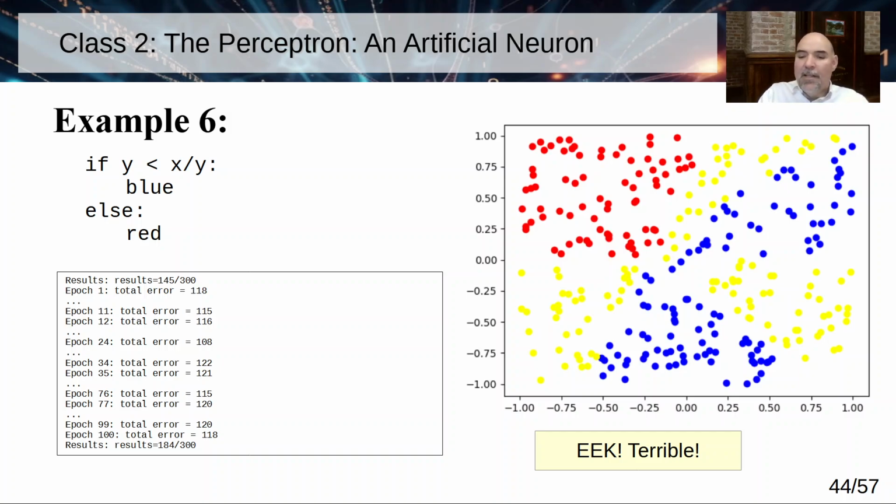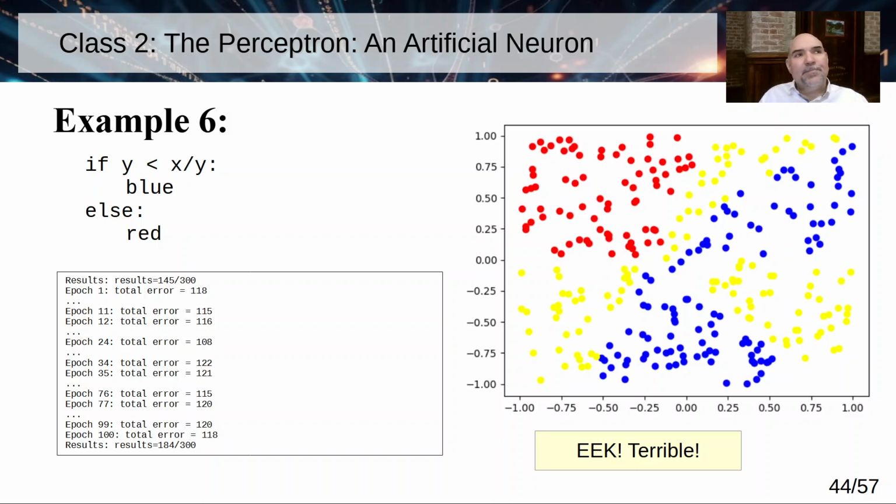Let's go back and look at this. You'll notice that 118, and then 115, 116, 108, 122, 115, 120, it's finding a middle ground where it's doing the best it can, somewhere around 120. That was the minimum error, the best it could do. It was not able to do any better than that after that. So terrible results from this.